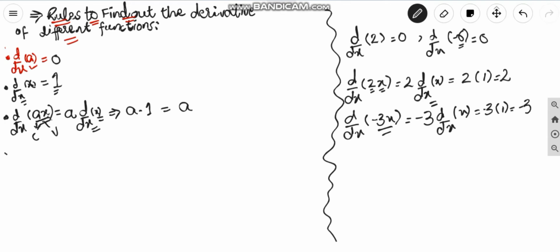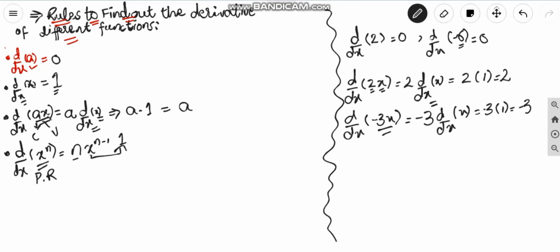Okay, now if you want to find the derivative of powers of x, like x power n, here we will use the power rule. Power rule states that you place the power at the start, reduce the power of the variable by 1, and take the further derivative of the variable x.